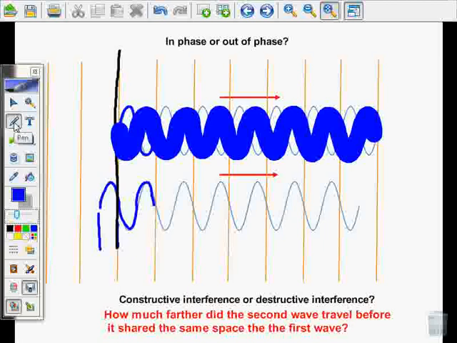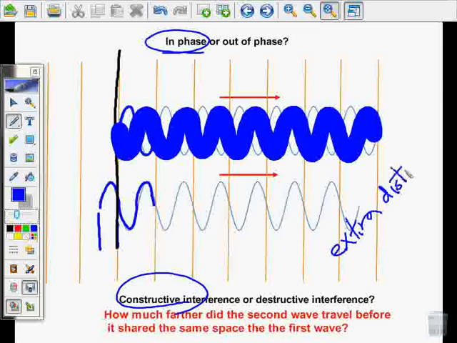I flipped the top wave. In phase. Constructive or destructive? What's the extra distance that the lower wave had to travel? Half of a wavelength. So the extra distance traveled up and back is equal to half of a wavelength. Yes? What about the next one?